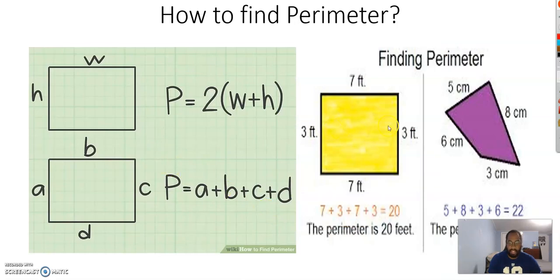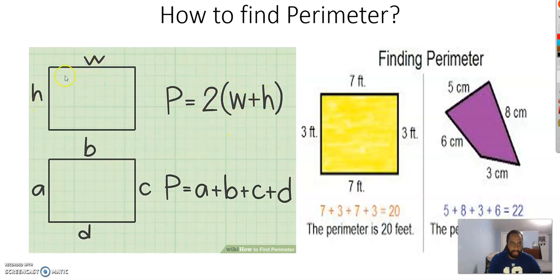Here are some other ways to find perimeter. For A, B, C, and D, you add up all the sides. Also, there's another way to do perimeter where you can do 2 times (W + H), that's width and height. That's another formula you can use.